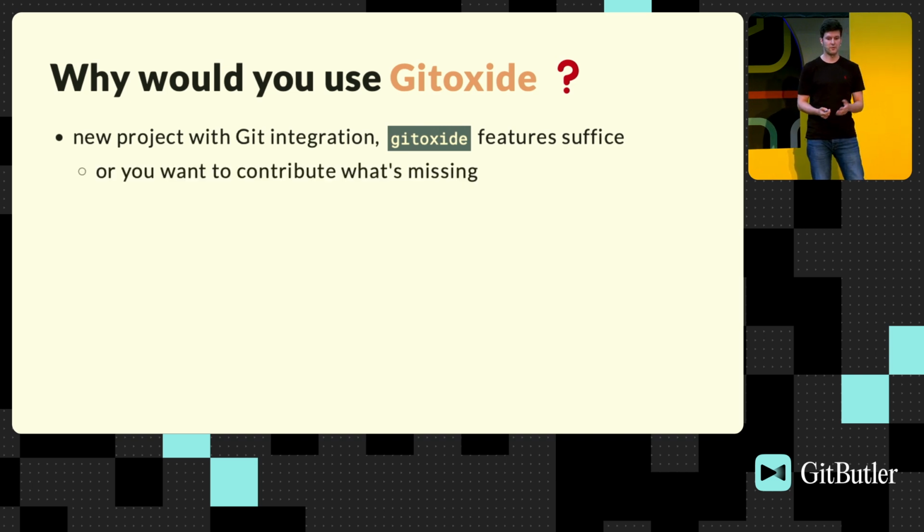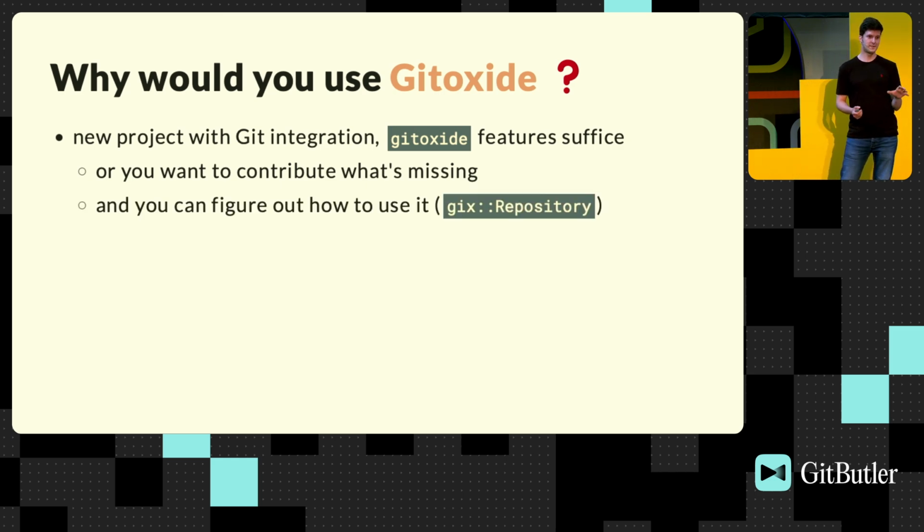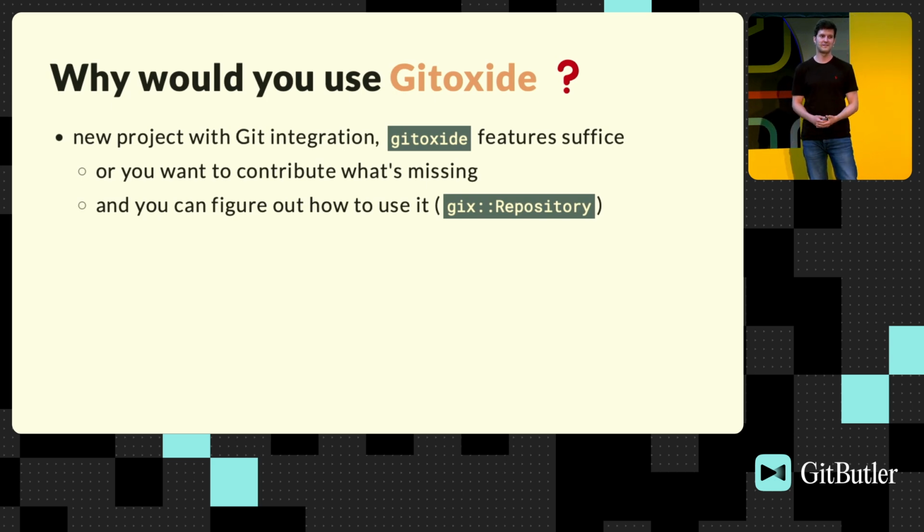Because you might not see everything you need. Maybe you can contribute what you are missing. And maybe you can even figure out how to use what's there by looking at Gitoxide's repository, which is kind of your entry point into the world of Gitoxide.